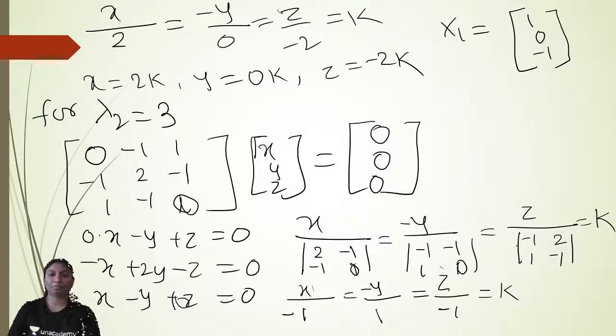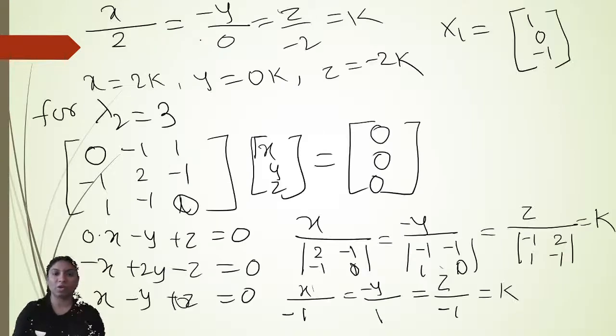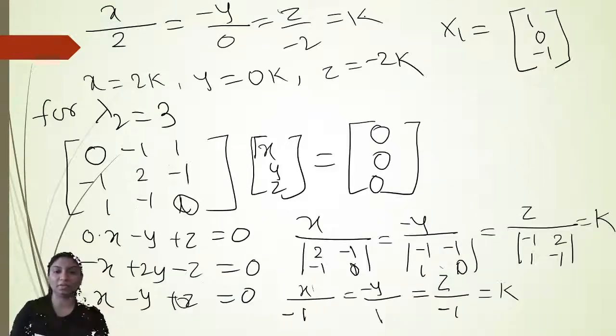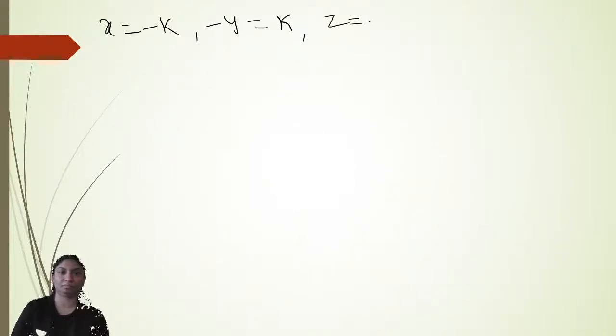z upon minus 1. Okay, so you will get x is equal to minus k, y is equal to minus y is equal to k, z is equal to minus k.